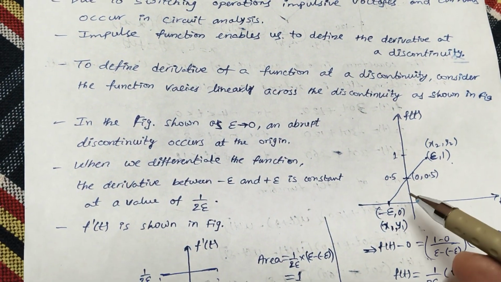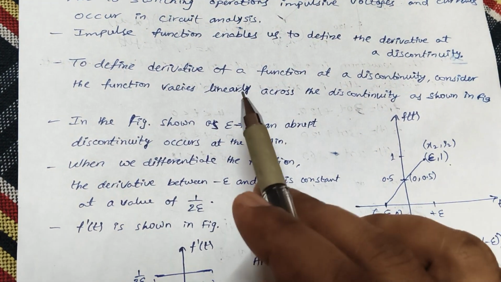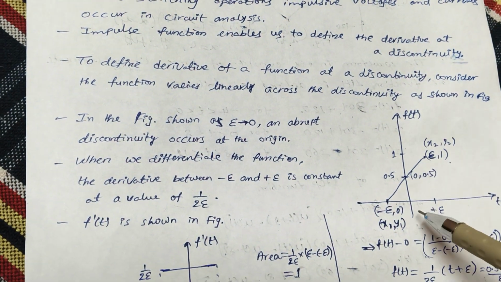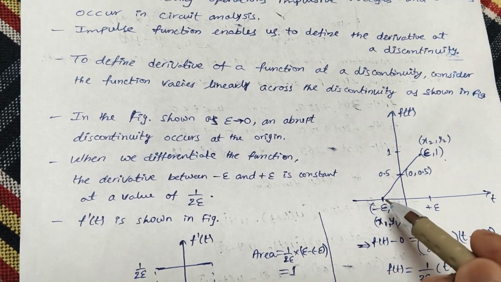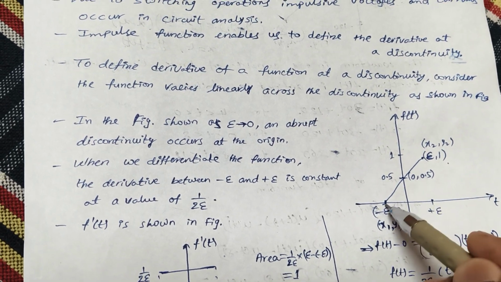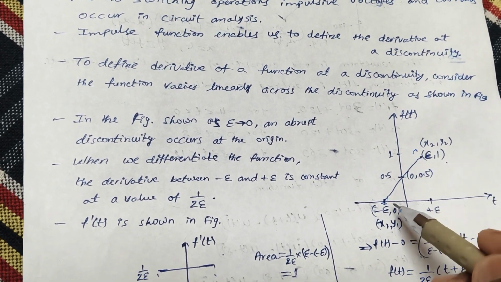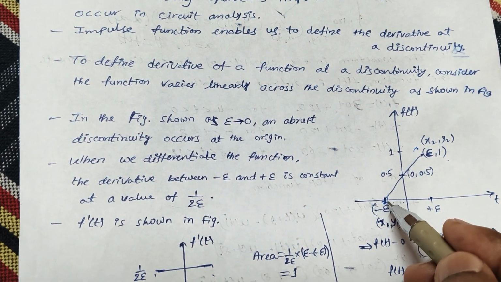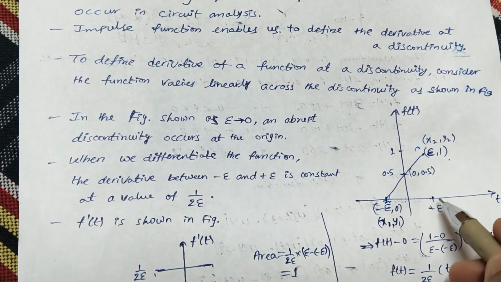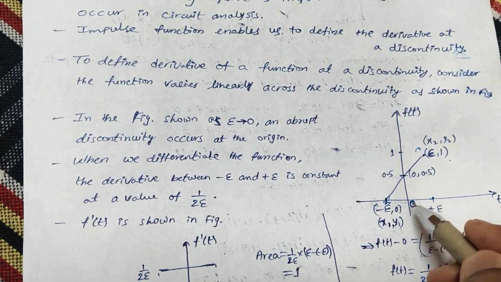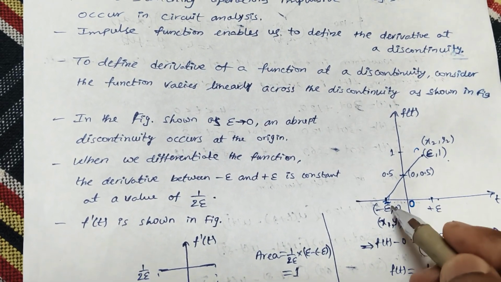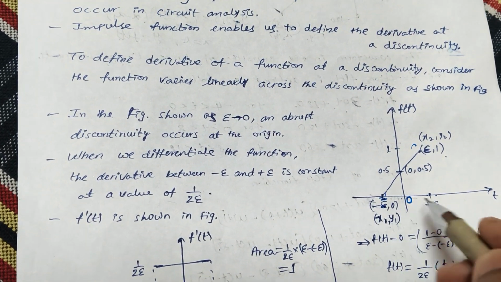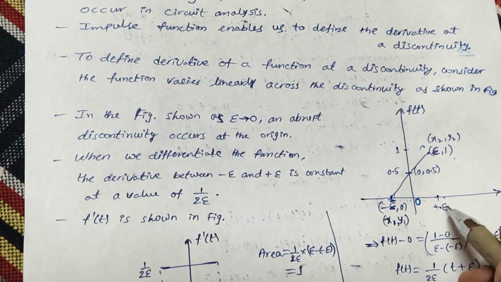Just to find the definition and mathematical representation, I am assuming the impulse function f of t, which is varying linearly across this time interval around the 0 point. Instead of considering 0 minus and 0 plus, the 0 minus I'm assuming as minus epsilon, which tends to 0, and here it is plus epsilon, which tends to 0.